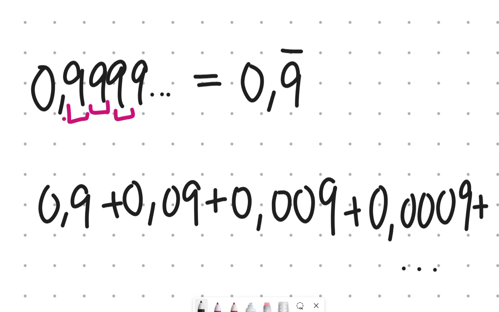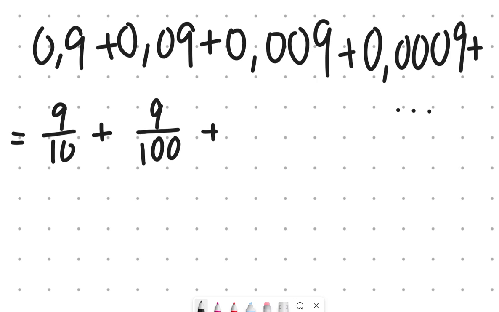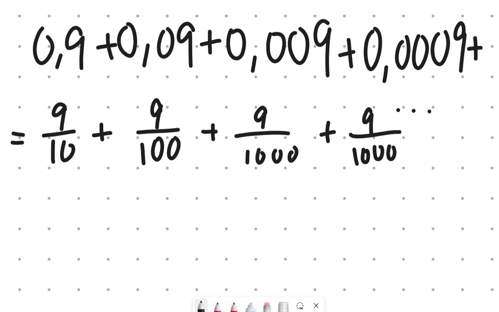So now we have a sum of many different decimal numbers, and we can write this down as fractions. We know that 0.9 is 9 over 10. We know that 0.09 is 9 over 100. And we know that 0.009 is 9 over 1000. And we know that 0.0009 is equal to 9 over 10,000.